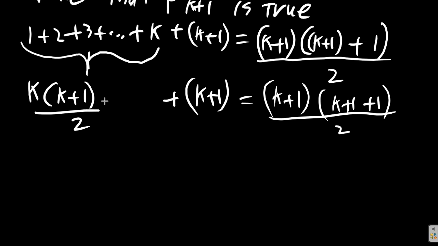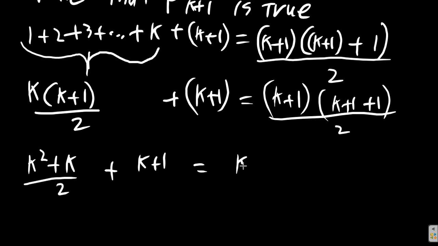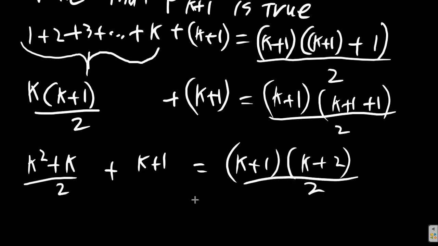So, what happens now? We want to prove that one side is equal to the other. So let's continue. Let's multiply these out. k squared plus k divided by 2 plus k plus 1 equals (k plus 1)(k plus 2) divided by 2.